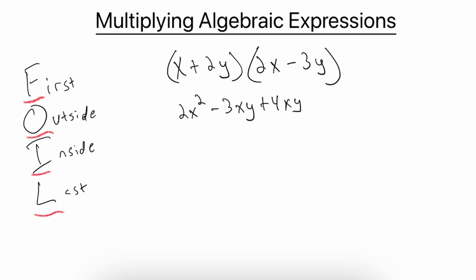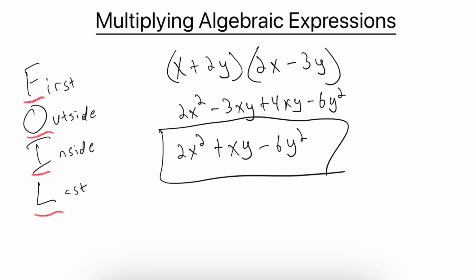And then positive 2y times negative 3y is negative 6y squared. So we'll group our terms. We have 2x squared plus xy minus 6y squared. And that's our final answer.